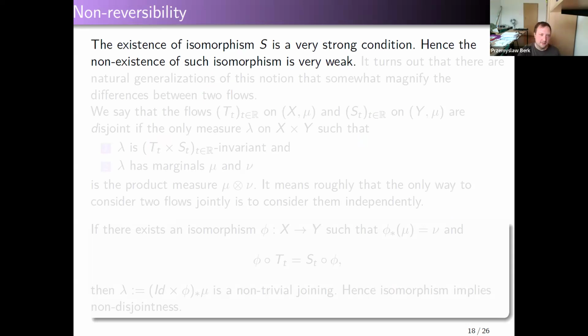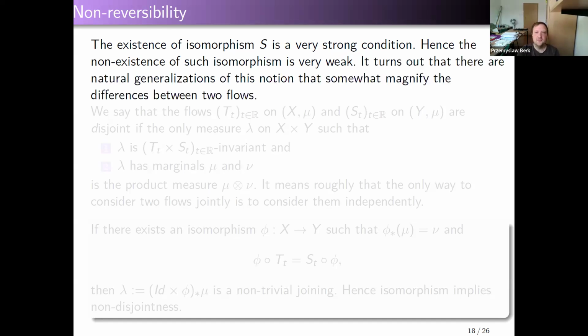It turns out that the expected answer is no, but first let me introduce something. Isomorphism seems like a strong condition, so being non-isomorphic is rather a weak condition. Instead we are interested in a stronger property than being non-isomorphic.